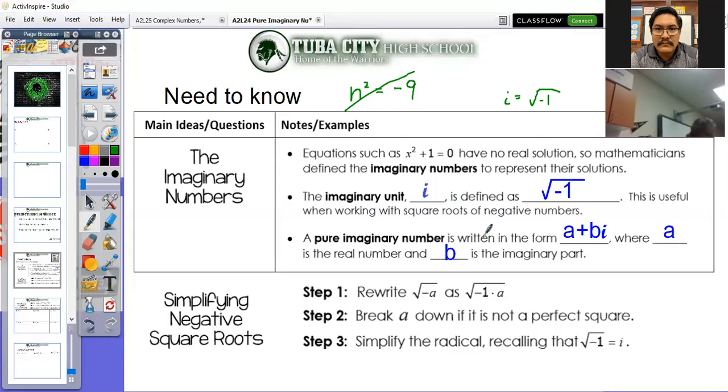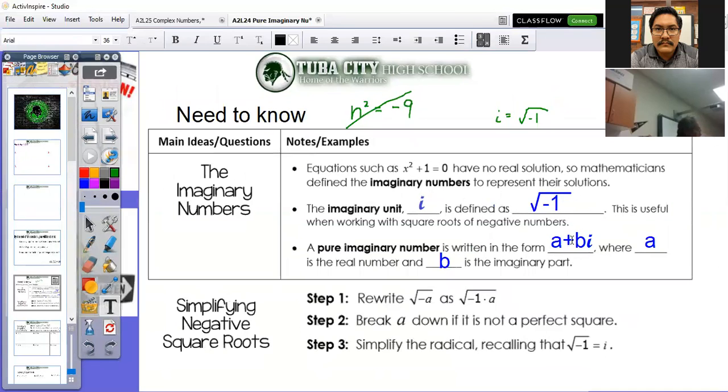Anyway, here we have a pure imaginary number, and it's written in the form of bi, or b times i. In this case, I don't think there would be an a, because it says pure imaginary numbers.